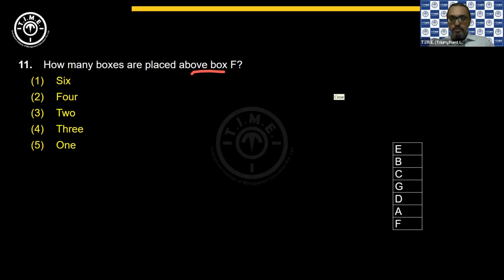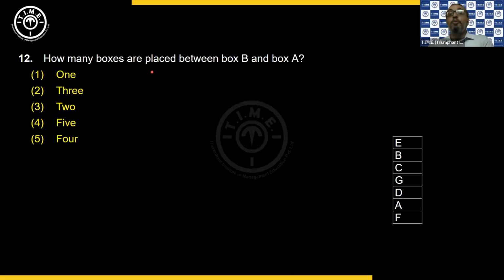Okay, then next one. How many boxes are placed between B and A? Between B and A, yes, there are 3 boxes that you have. Option 2 would be the answer. Yes, 3 boxes. That is correct.